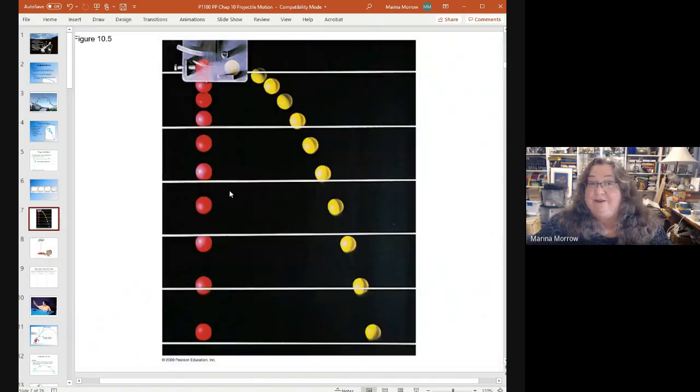Now, there are some interesting things that come from this. For one thing, if you drop a ball, it takes a certain amount of time to fall to the floor. If you project a ball horizontally, it will start falling also, and it will actually fall at the same rate as a ball that was just dropped straight down.